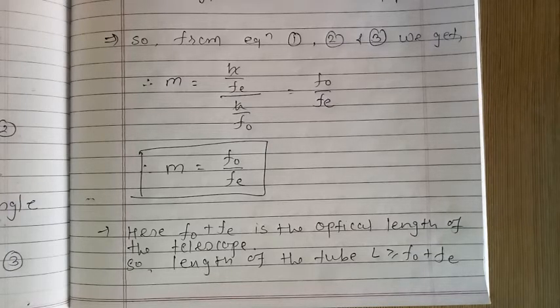Now we discuss the reflecting type of telescope, in which a concave mirror is used in place of the objective, right?